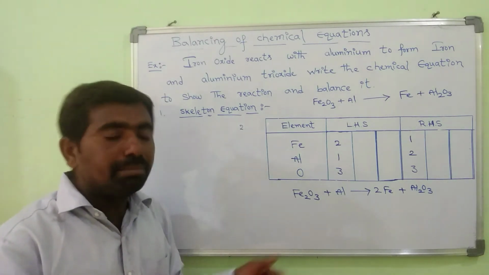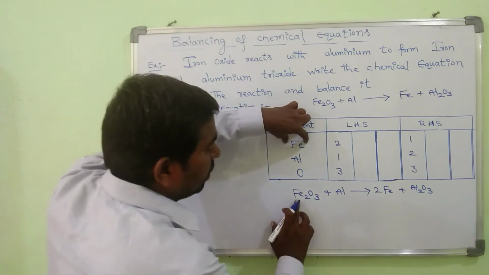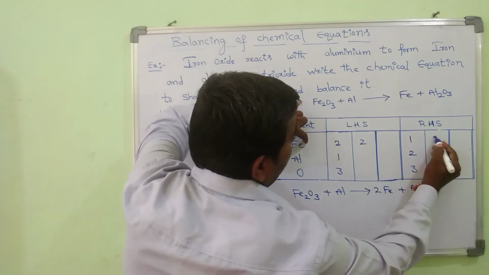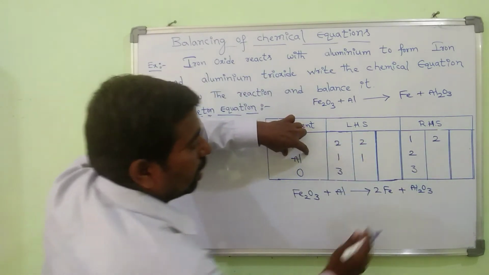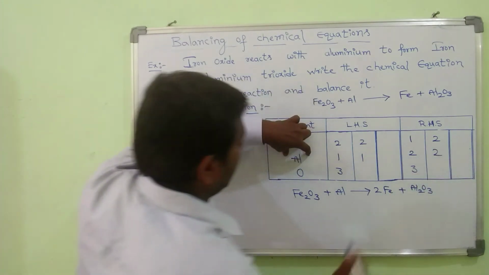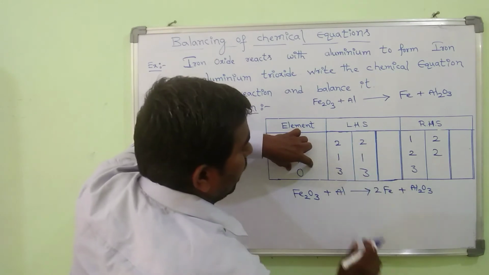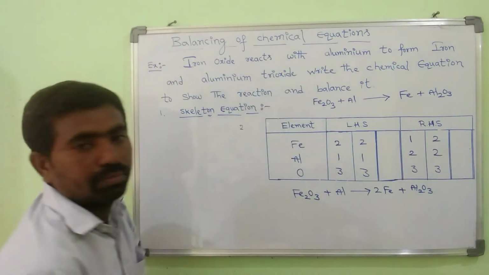And again I am comparing the elements. Element iron, in the left side 2 iron atoms, right side 2 iron atoms. Aluminium, left side only 1, right side 2. Oxygens, O3, that's why 3 oxygen atoms, right side O3, 3 oxygen atoms.